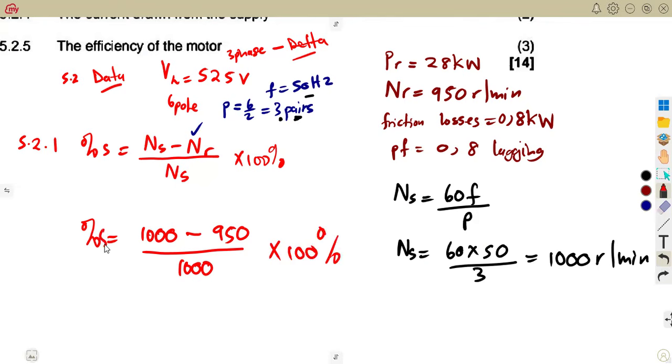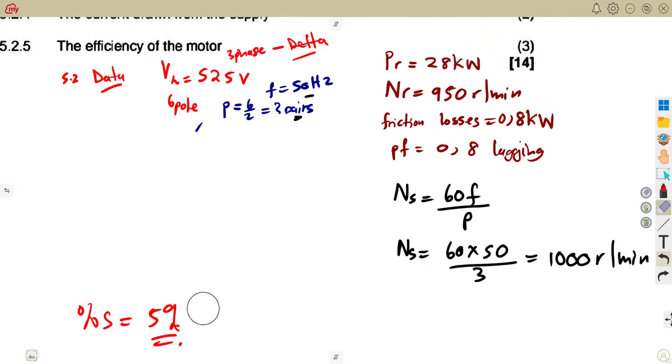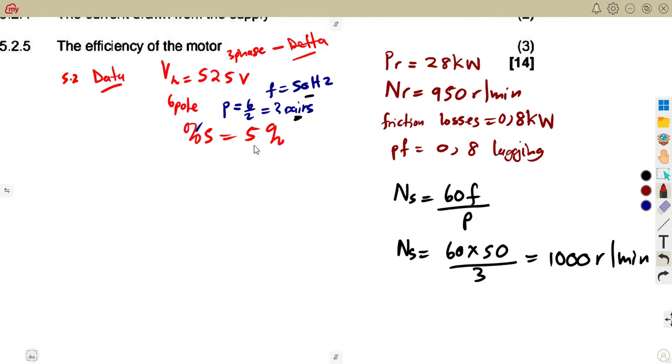So we obtain our percentage slip from there, and that is 5%. You must be careful in your simplifications and calculations. This is percentage, and you can also obtain the per unit value by dividing by 100. So that is it, guys. Our percentage slip was 5%.